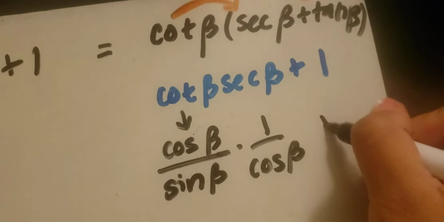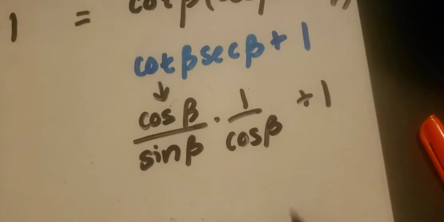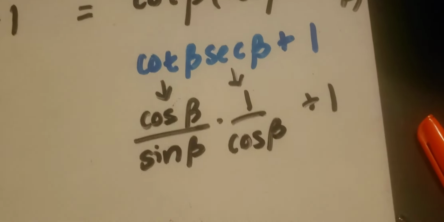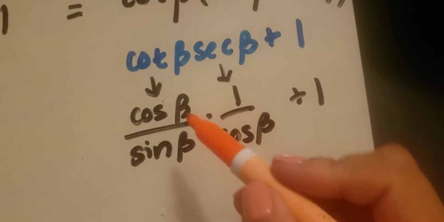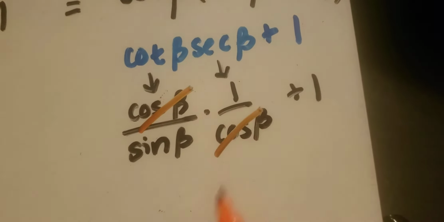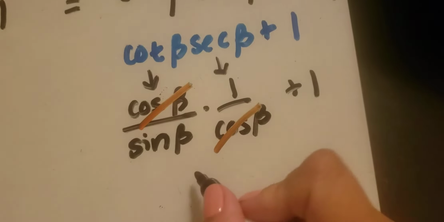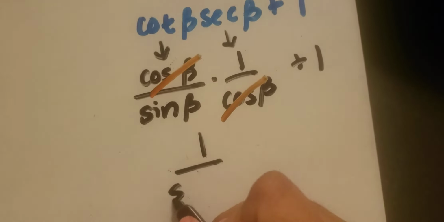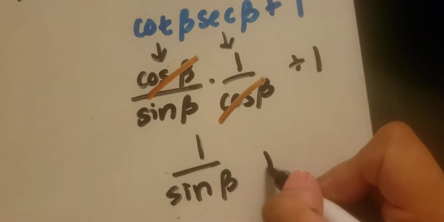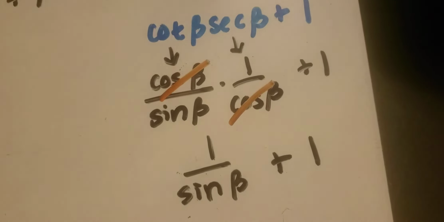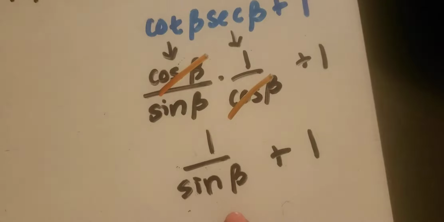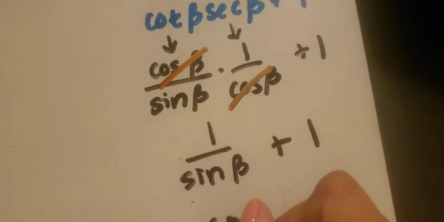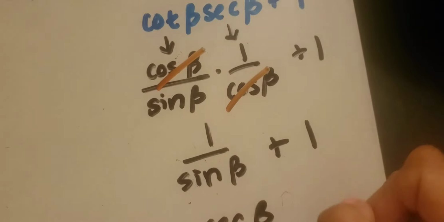And then, of course, we have the plus 1, okay? So this simplified to that. Then, since we're multiplying these fractions, cosine and cosine will cancel out. So now I'm going to have 1 over sine of beta plus 1. And boys and girls, 1 over sine of beta, that's the same as cosecant. So this is cosecant of beta plus 1.